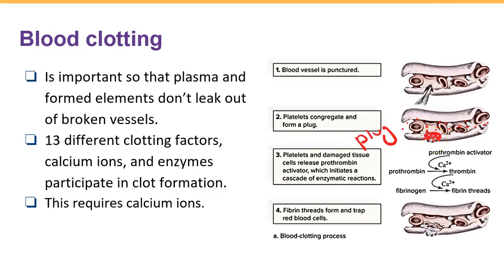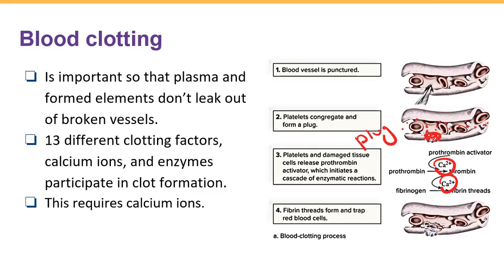Then these platelets and the damaged blood vessel release factors which initiate a cascade of enzymatic reactions. We're not going over that, but you can see that calcium is involved and necessary for blood clot formation. Finally, the fibrin threads form and trap the red blood cells.